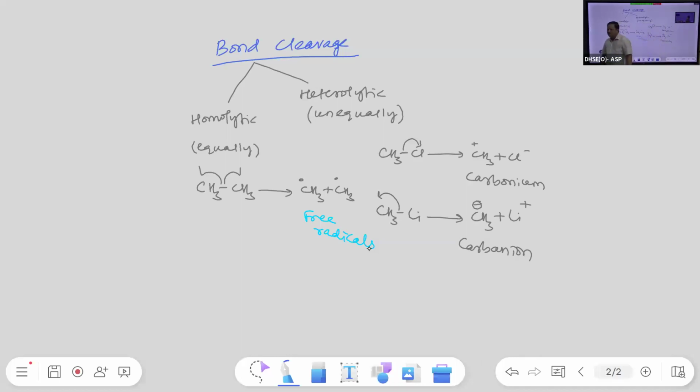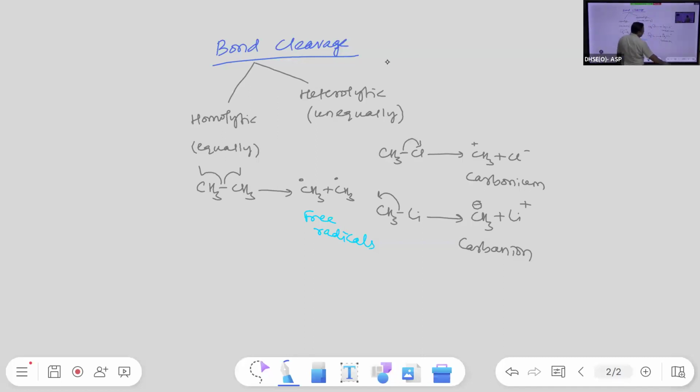So we can conclude that as a result of homolytic cleavage, it will make free radicals, and as a result of heterolytic cleavage, it forms both carbocation and carbanion. Noted, students? If any doubt, then write in the chat box.